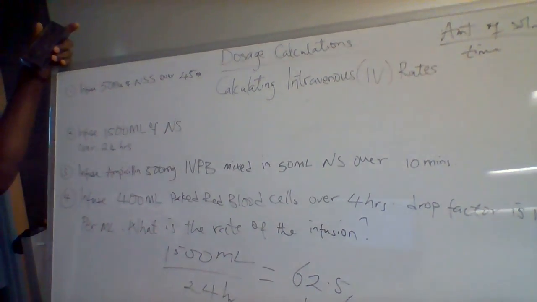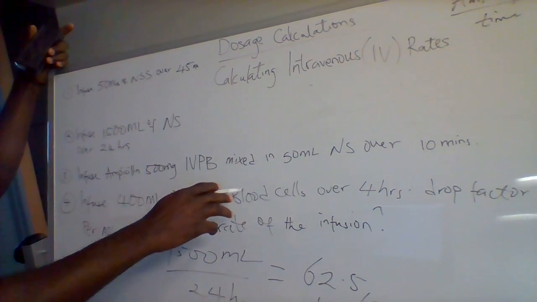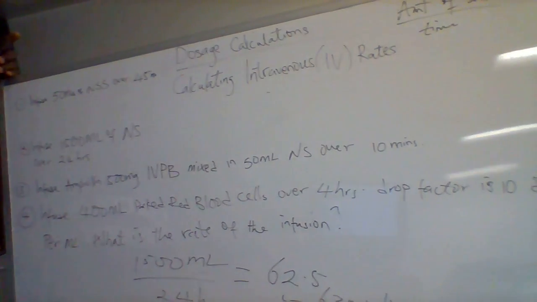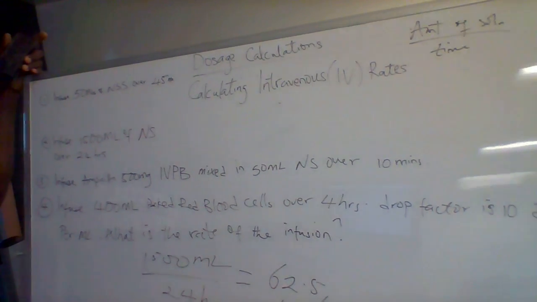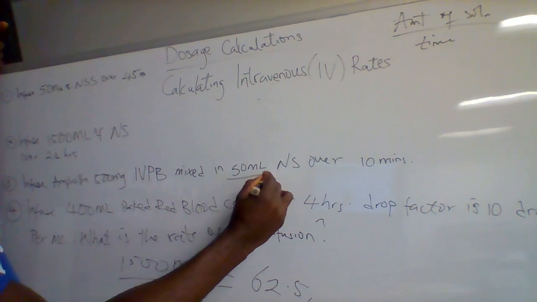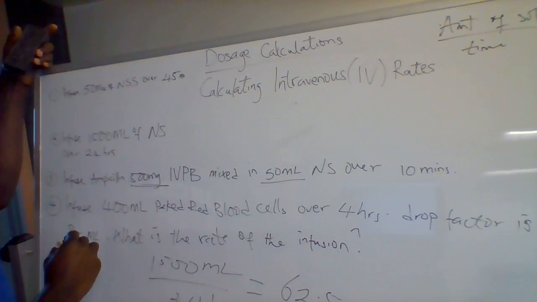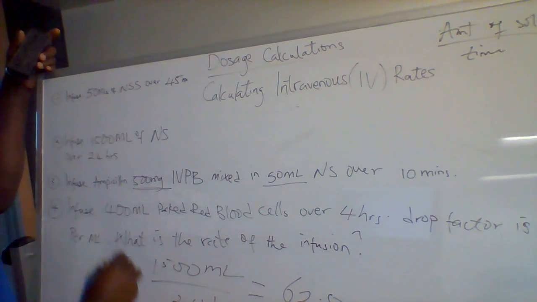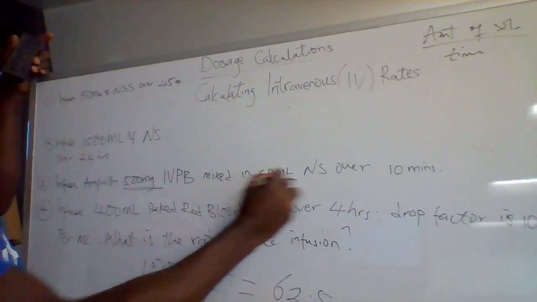The question: infuse ampicillin 500 milligrams IVP mixed in 50 milliliters of normal saline over 10 minutes. Here, all we need is the 50 ml. The 500 milligrams, we don't need it. It's a distraction. So we'll focus on 50 ml. This is the medication you have to infuse over 10 minutes.